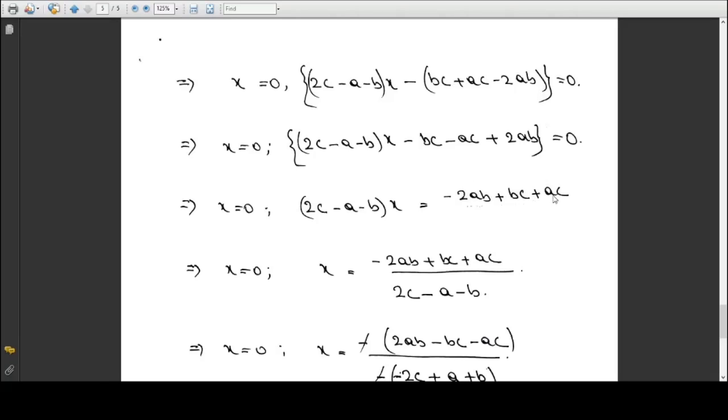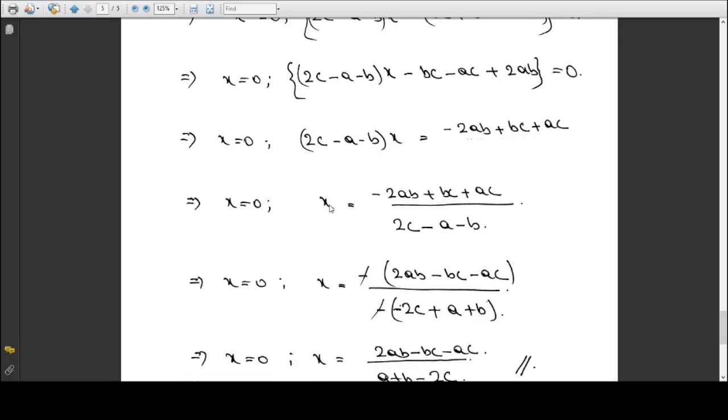See, plus ac plus bc minus 2ab is the same thing, isn't it? If you don't want to multiply this one inside the bracket, you just transpose the whole of this thing to the right side. This minus sign will change to plus sign, and the sign of the term within the bracket will remain the same. Once we have done this, let us follow with this.